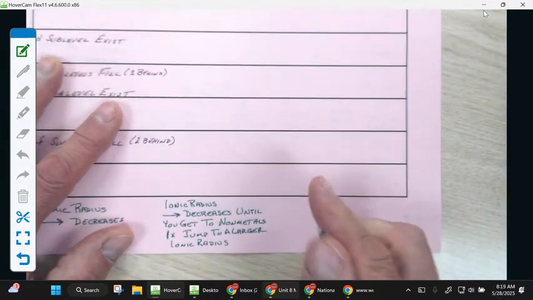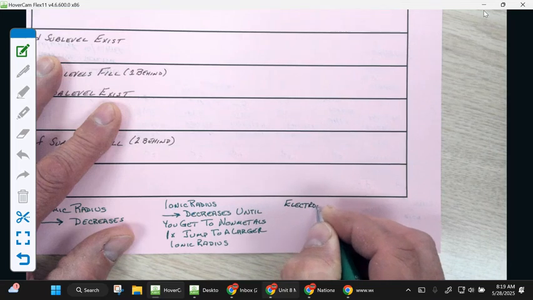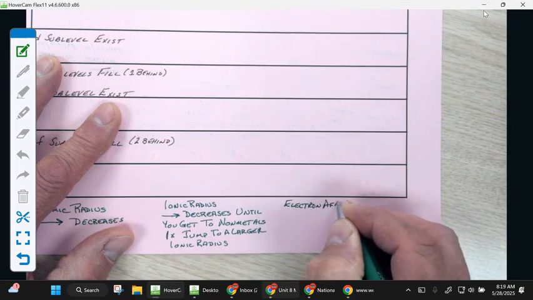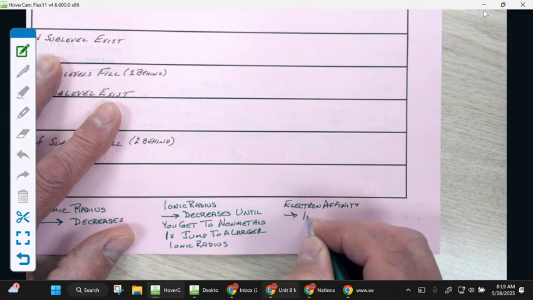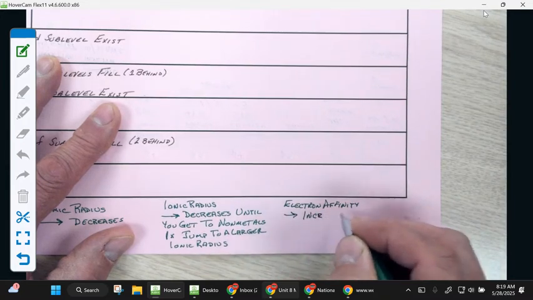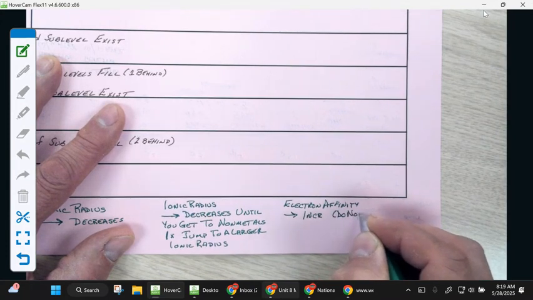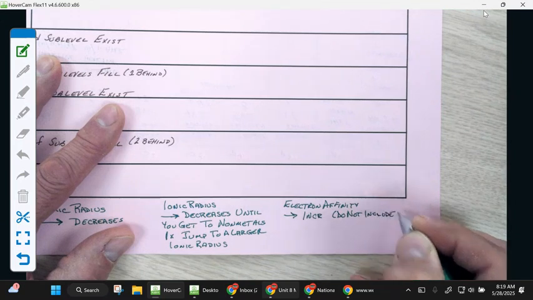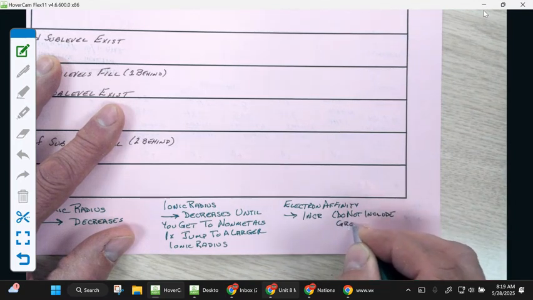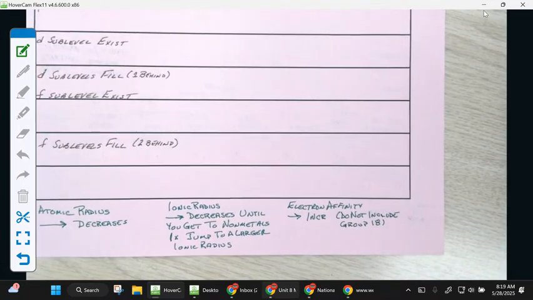Electron affinity. As you go across, increases. Do not include group 18. The noble gases are not part of this trend.